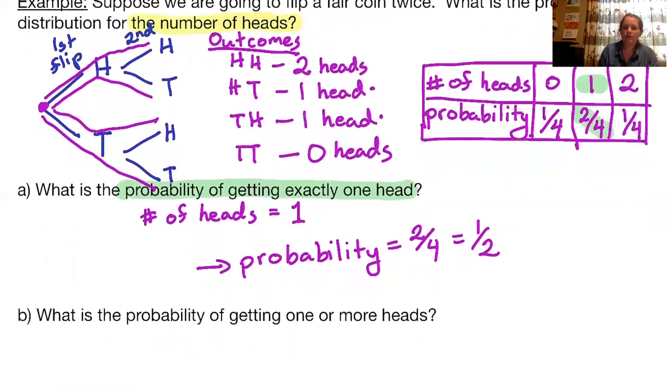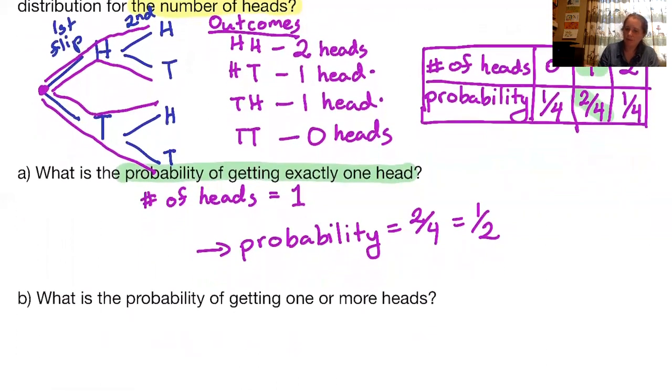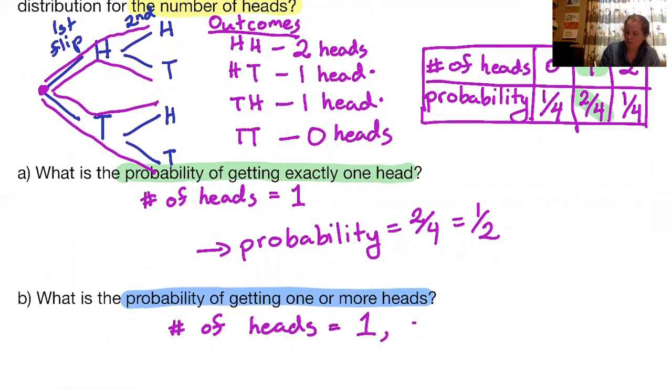Next up, I want to know what is the probability of getting one or more heads. I'm looking at the number of heads. Could be 1 or 2.